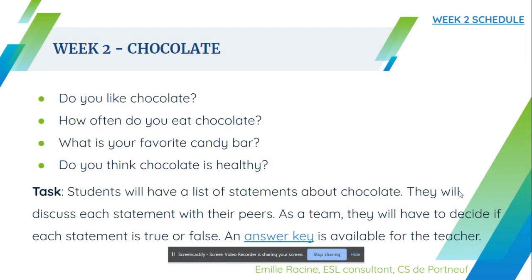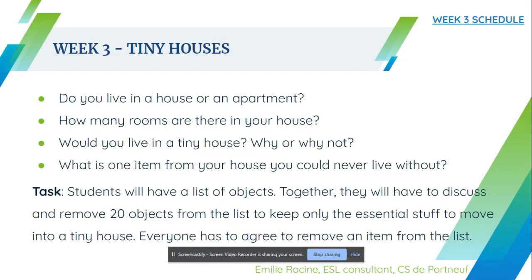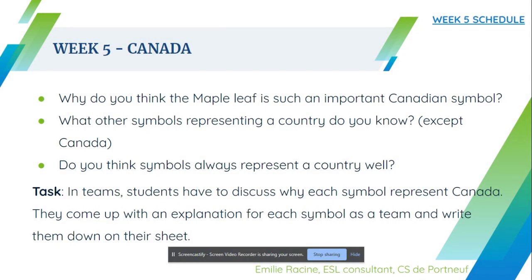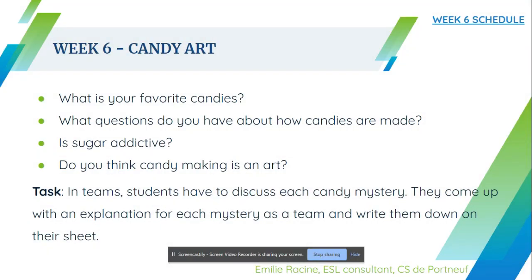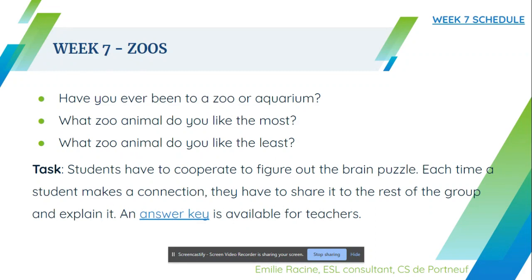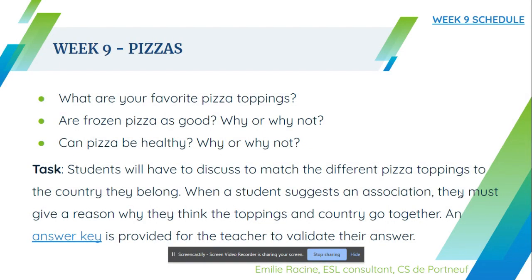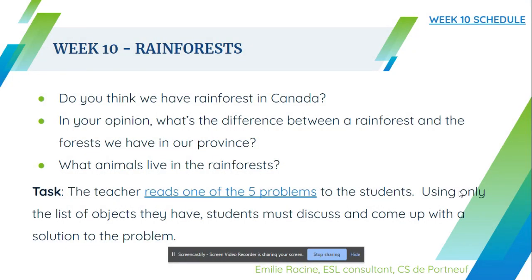Then you have week 2 chocolate, week 3 tiny houses, week 4 ice cream, week 5 Canada, week 6 candy art, week 7 zoos, week 8 airplanes, week 9 pizzas, and week 10 rainforests.